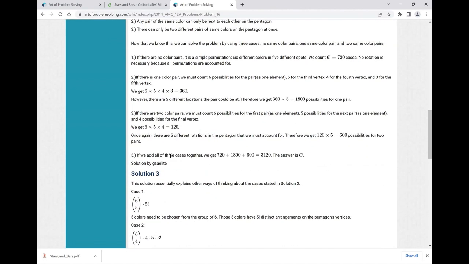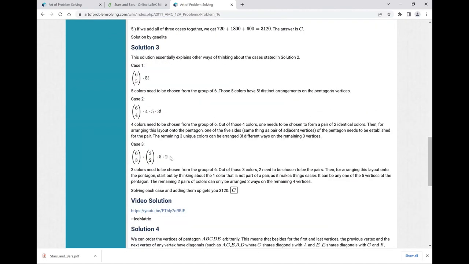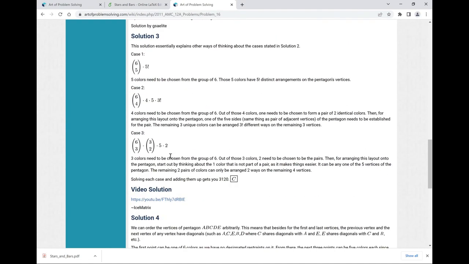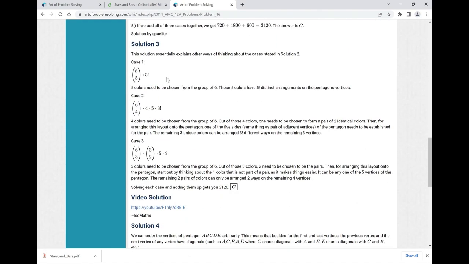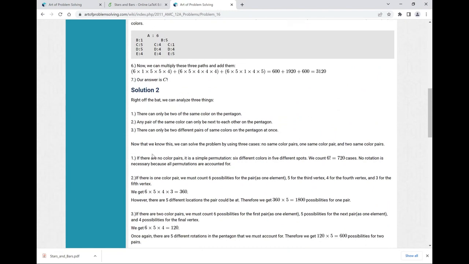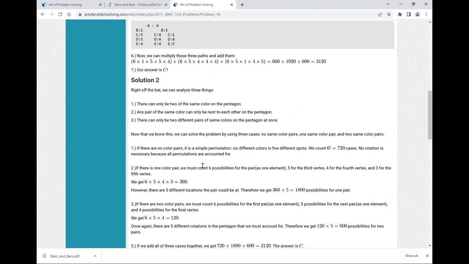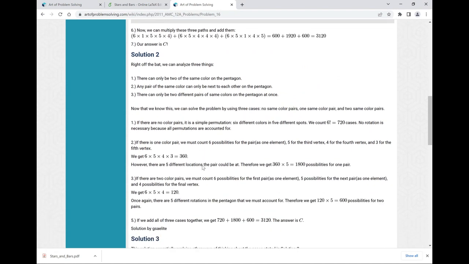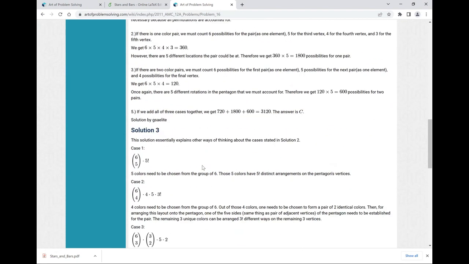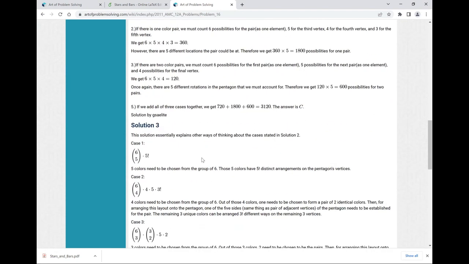I think this solution 3 looks like a pretty decent one. Case 1 would be that there are no colored pairs, so you have 6 different colors in 5 different spots, meaning every vertex has a different color.